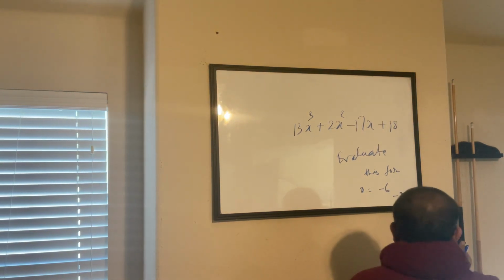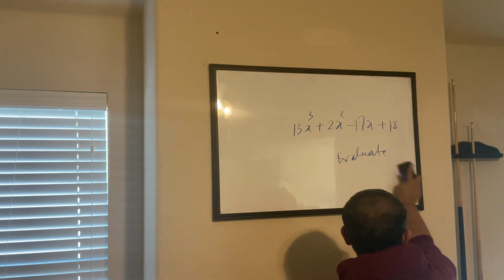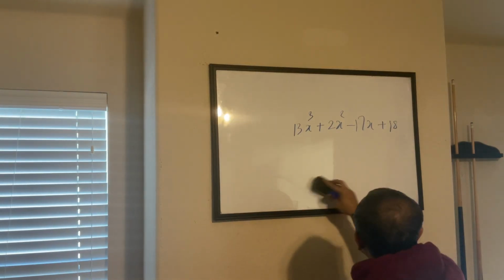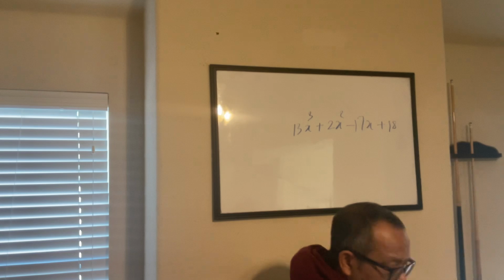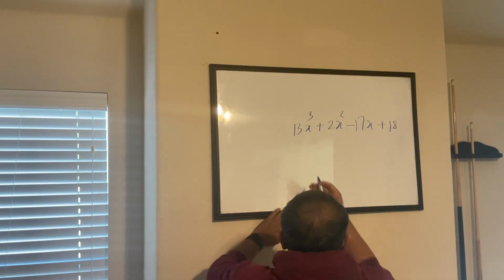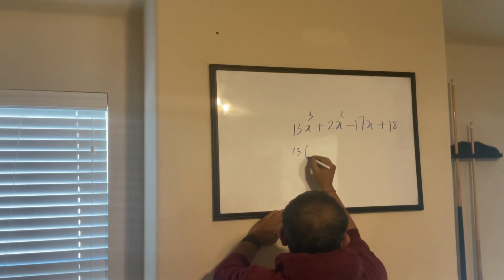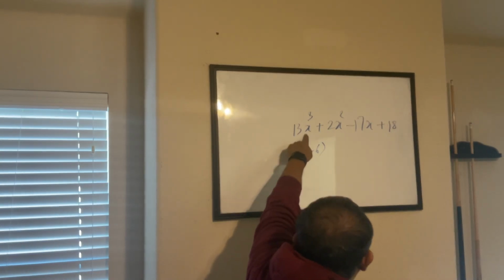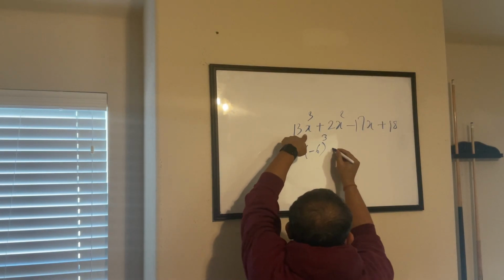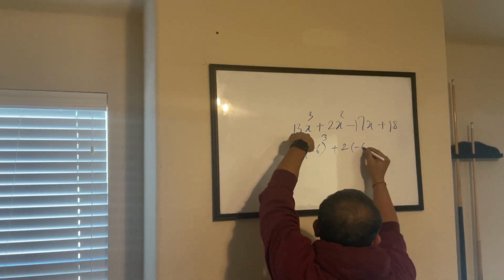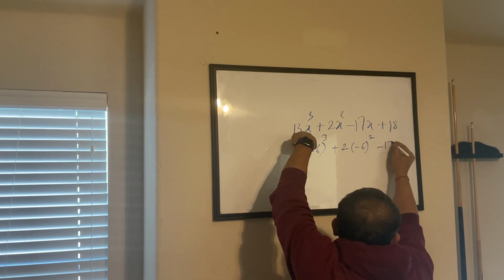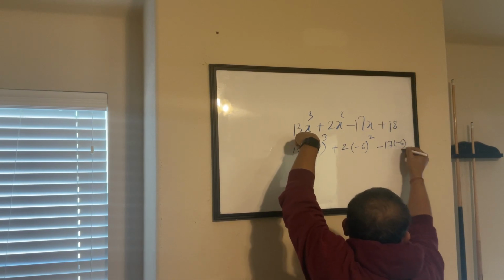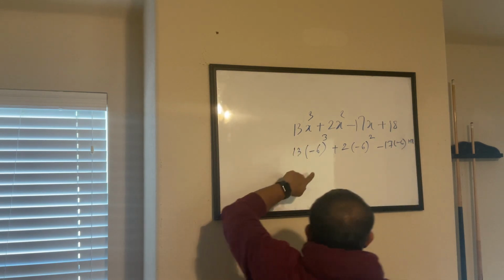So I heard three answers from three of you. I'm assuming everybody has gotten the same thing. It's very simple, nothing complicated about it. When you are being asked to evaluate something for the given value of x, you will just substitute that value, and that's what we'll do.